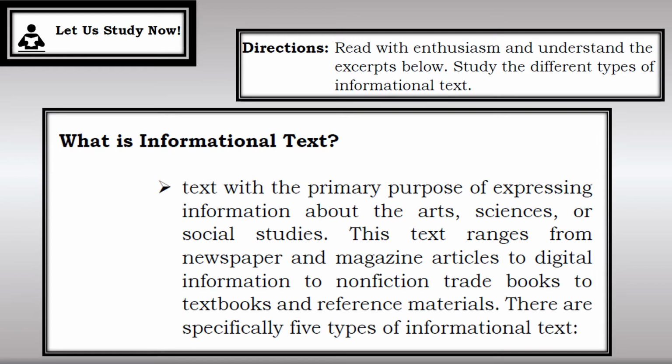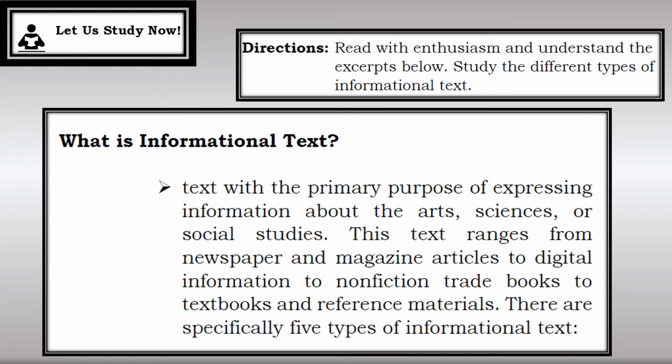So, pag sinabi nating informational text, ang purpose nito ay para masabi ang mga impormasyon tungkol sa arts, tungkol sa science, or other social studies. So again, its primary purpose is to express information, magbibigay ng impormasyon.